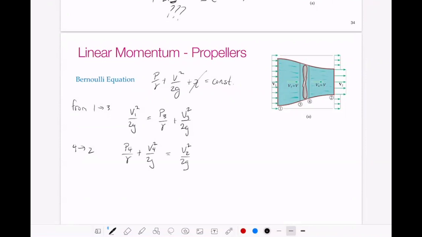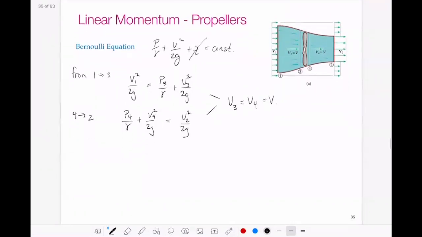Because point 2 and point 1 are on the control surface, we said that's equal to the atmospheric pressure. So gauge pressures there are just 0. The pressure at 1 and the pressure at 2 are just 0. The only term we have left is the velocity term. And then lastly, we combine this with V3 equal to V4 equal to V.